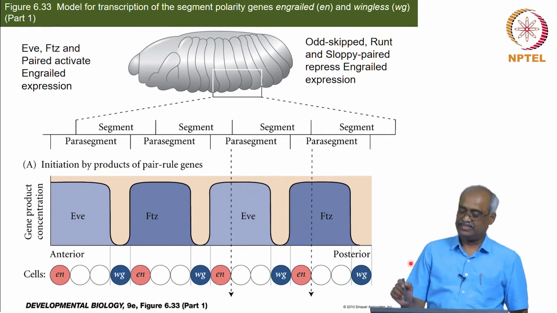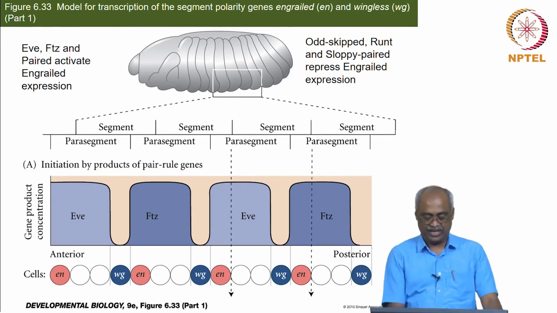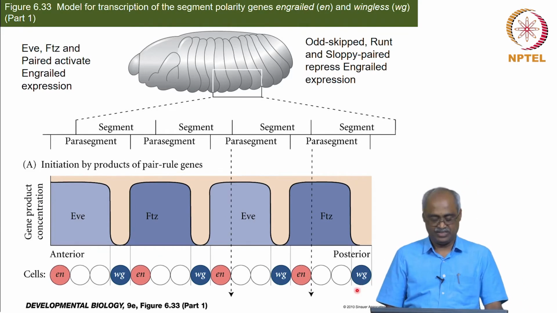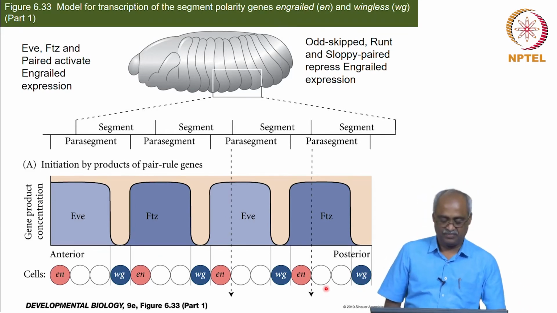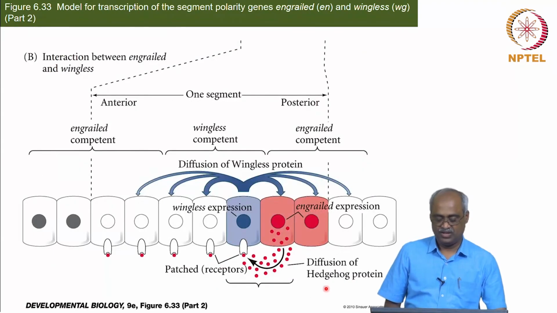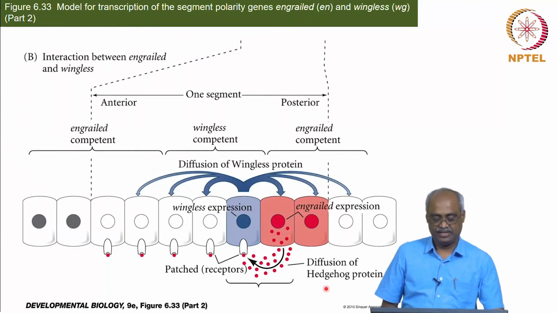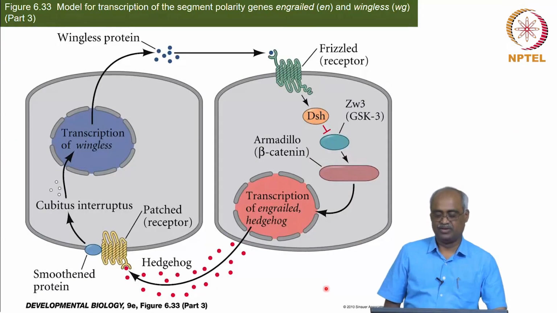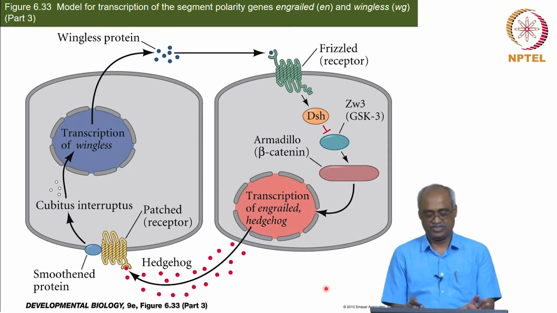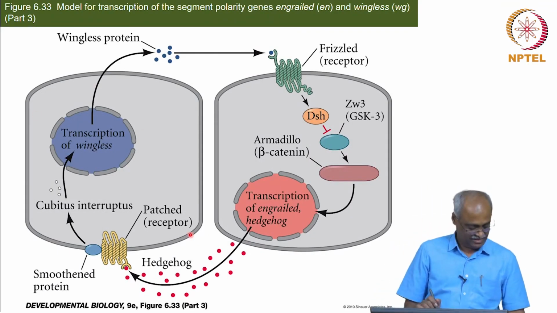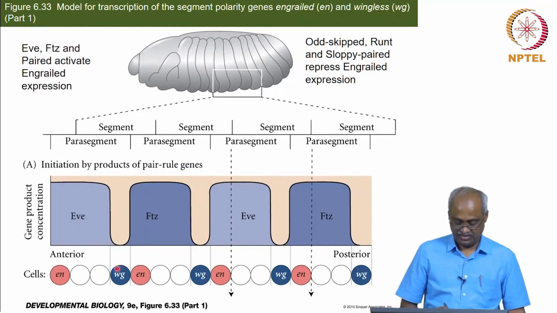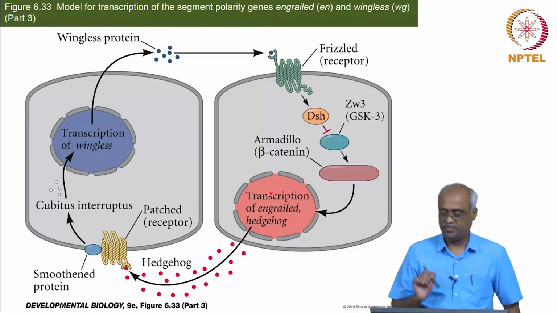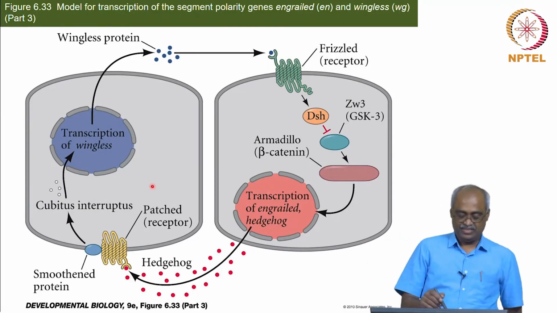And once these pair-rule genes activate the segment polarity genes in this fashion, they themselves stabilize in the following way. I will directly get to the next one and then come back to this. So this is what happens in the adjacent cells. Remember, this cell is this one, and the next rectangle is this one.